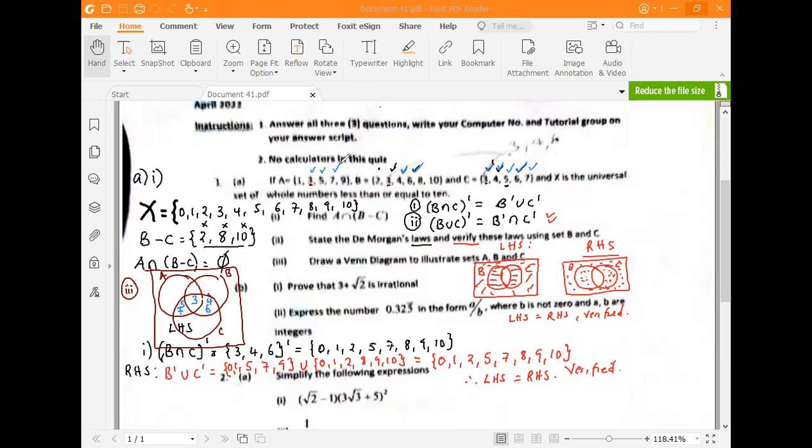What about B? 2, 8, 10. We are not talking about. Yes. What about A? 1 and 9. 1 and 9. What about the inverse? I haven't seen 0. I've seen 1, 2, 3, 4, 5, 6, 7, 8, 9, 10.